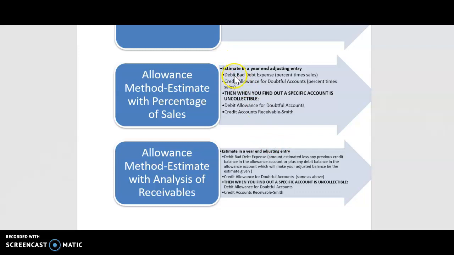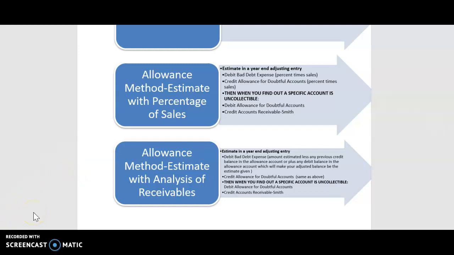So at the end of the year, they're going to debit bad debt expense, and instead of crediting the accounts receivable, since they don't know which customers aren't going to pay yet because this is just an estimate, they are going to credit allowance for doubtful accounts. This is an account that is like a bucket. They're going to fill it up at the end of the year, and as they find out who is not going to pay them, they use a little bit of that bucket up.